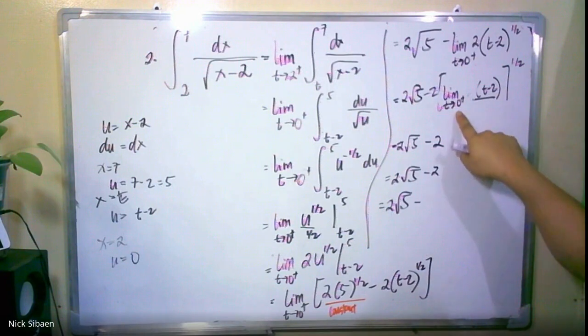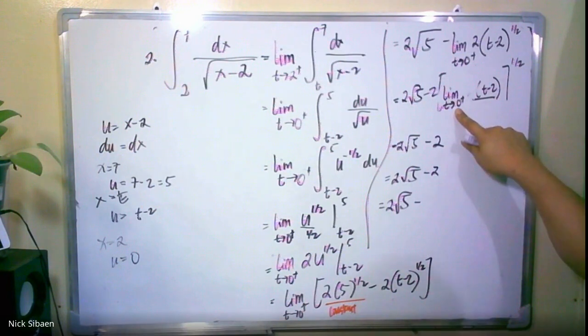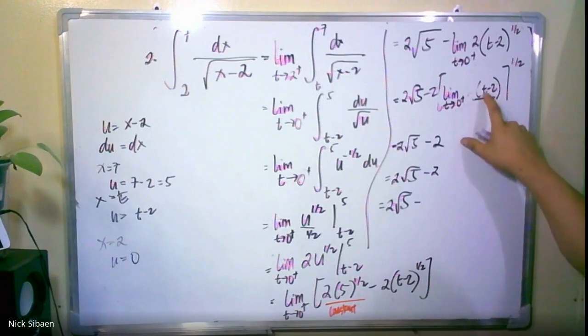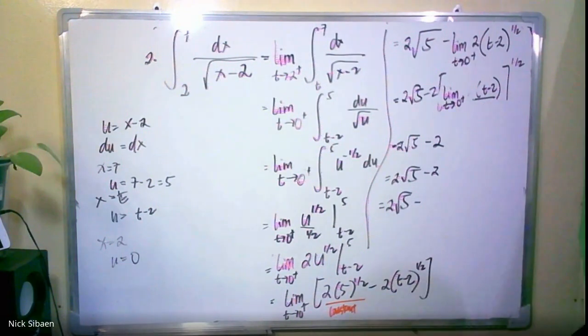what happens if we put numbers from the right of 0? Ano ba yung nasa right of 0? 0.1, di ba? 0.01, 0.001. If we put it here, ano yung mangyayari? It will approach a particular number.